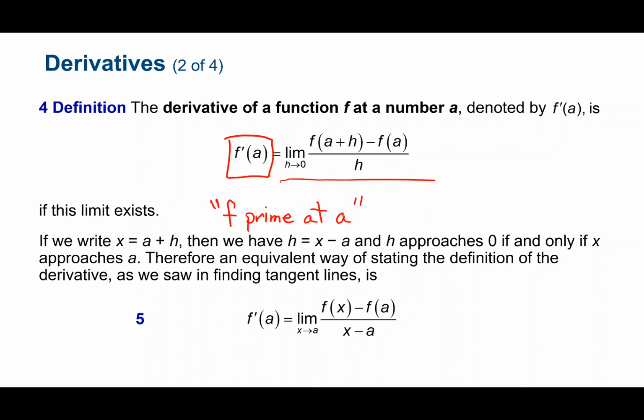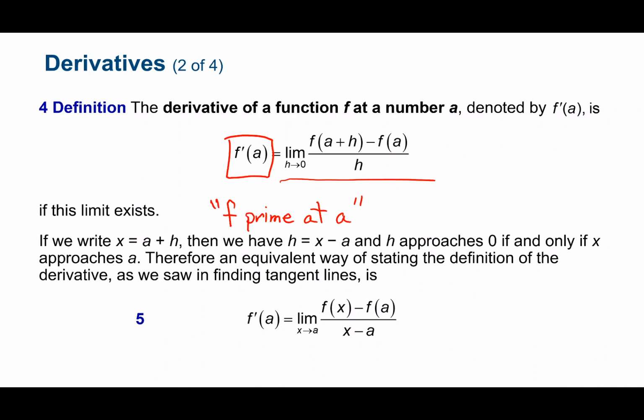Remember that instead of using h for our denominator, we could use x minus a, so you can equivalently define the thing that way. This one's nice because it looks more like a slope, which is what it is: the limit of the slope of the secant line as two points get closer to each other.